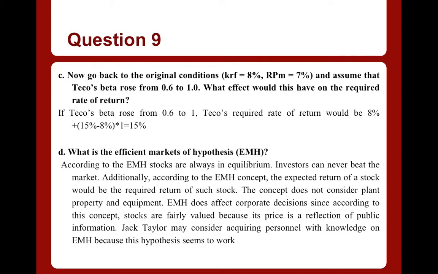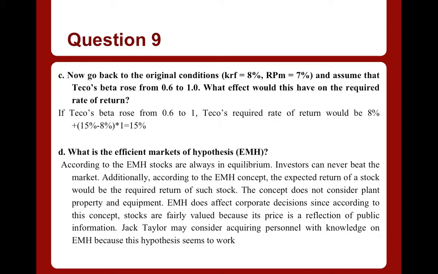According to the EMH, stocks are always in equilibrium. Investors can never beat the market. Additionally, according to the EMH concept, the expected rate of return of a stock would be the required return of such stock. The concept doesn't consider plant, property and equipment.